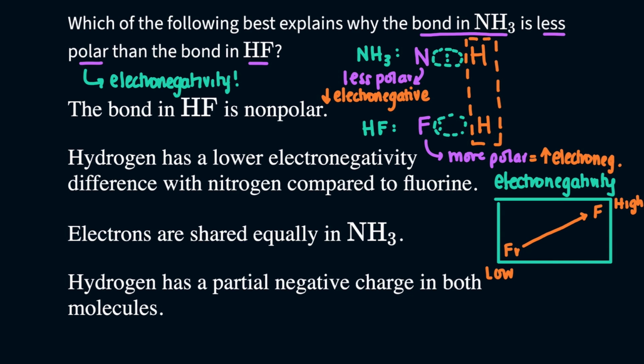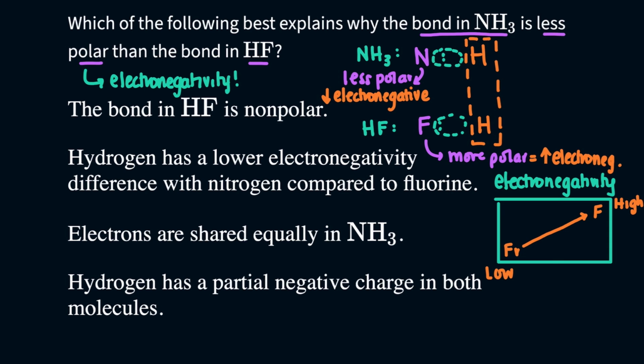And fluorine's like, we'll share, but not really. Nitrogen, on the other hand, since it's less electronegative, sure, there's a little bit of a pull, but it's not going to be as great as fluorine's. So I'll draw this a little bit pulled over, but for fluorine, this is a greater pull. Okay, so now let's see. Now also what we can do is talk about this idea between nonpolar and polar.